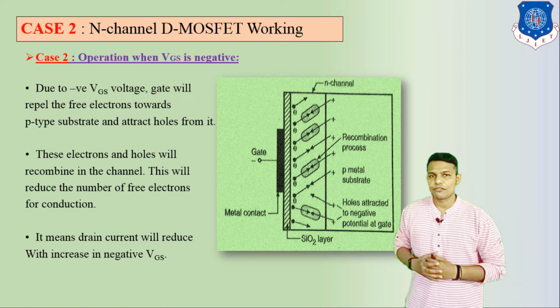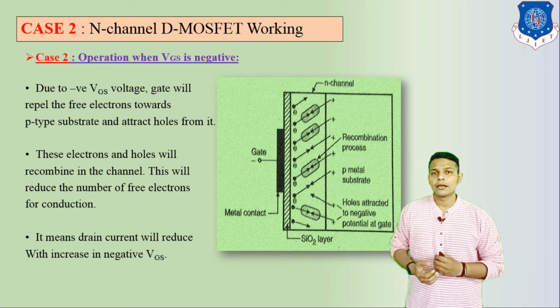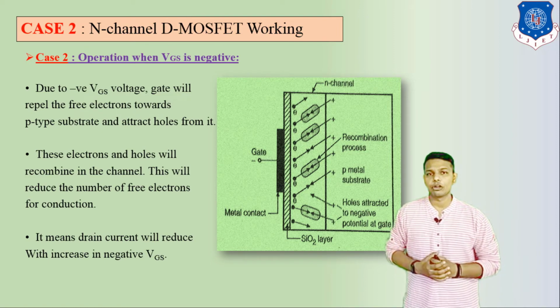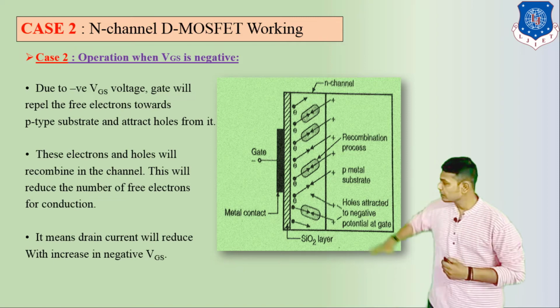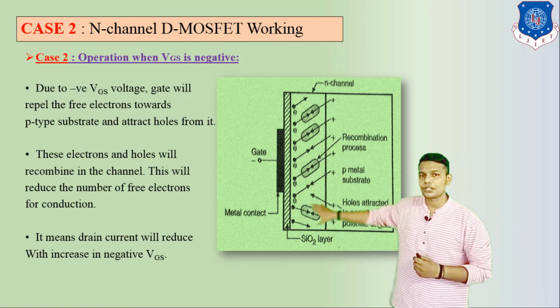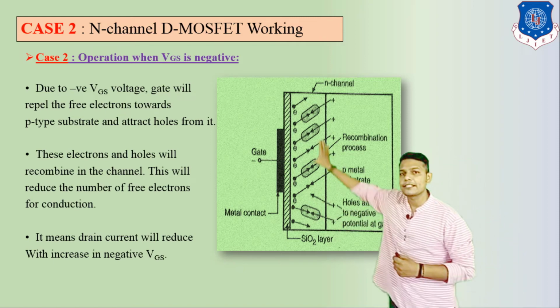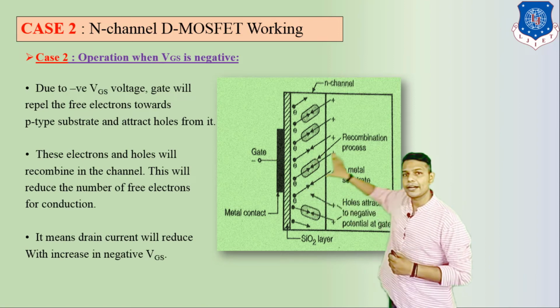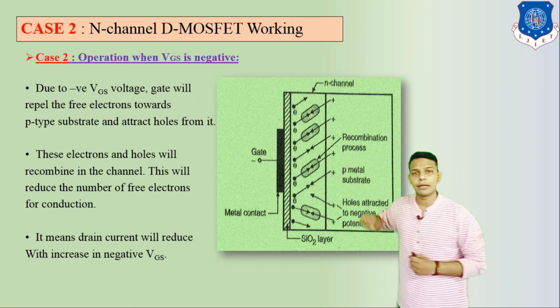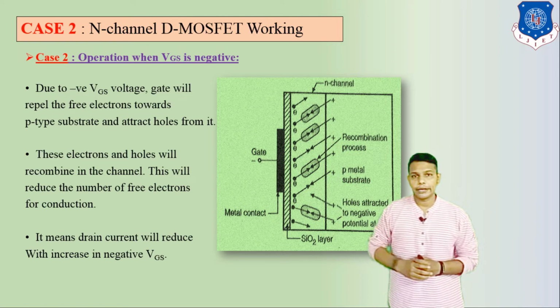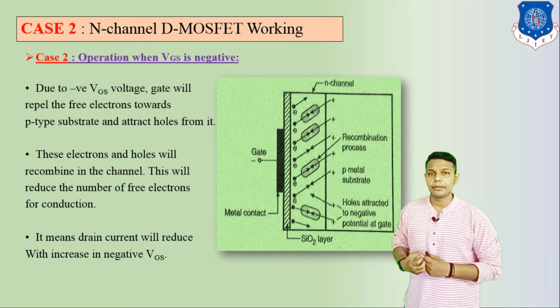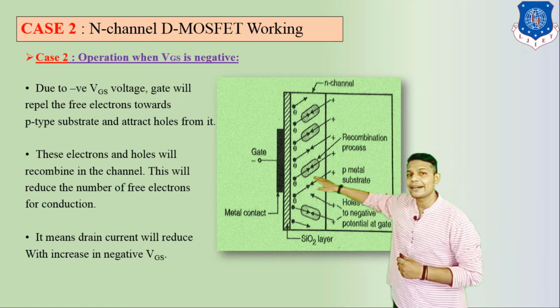N-channel D-MOSFET, if we provide more and more negative voltage. Now here we can see this is the channel construction, and only the gate terminal is available in this figure. If we apply a negative terminal, here you can see it is indicated as minus.